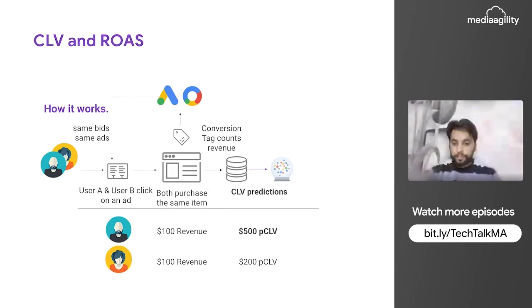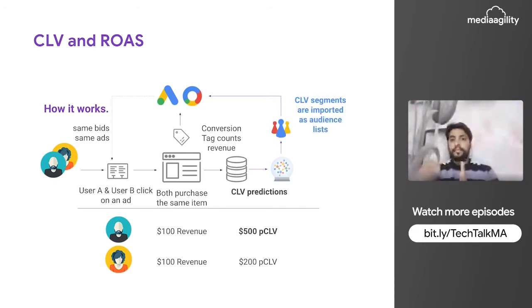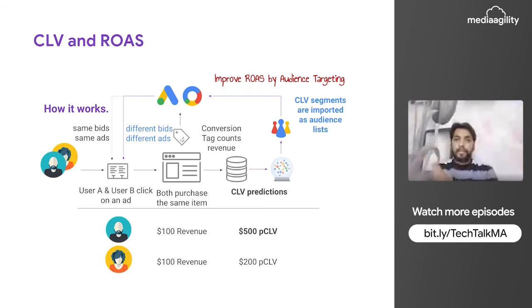Once we determine the predictive customer lifetime value, we can create segments of users. For example, user A might fall under a high value customer, whereas the lookalikes of user B fall under a medium value or low value customer.